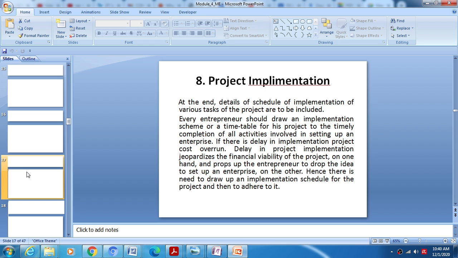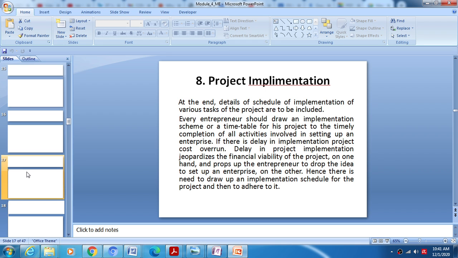Delay in project implementation jeopardizes the financial viability of the project. On one hand, it prompts the entrepreneur to drop the idea to set up an enterprise. Hence there is a need to draw up an implementation schedule for the project and then to adhere to it. So basically, project implementation is nothing but drawing the timetable for all the processes that go into the completion of this project.